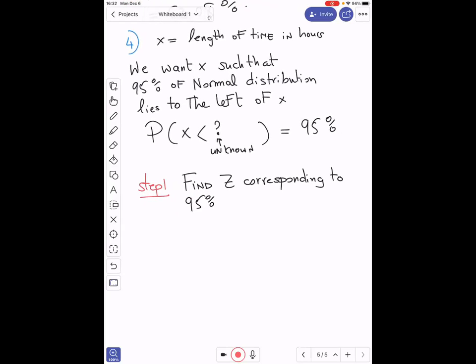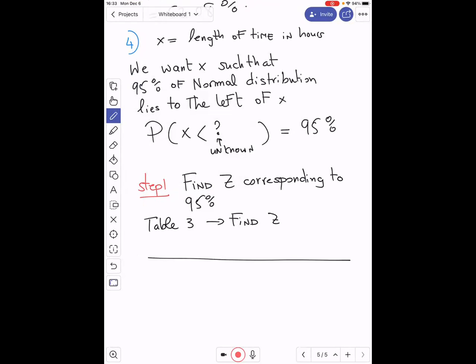So what's the corresponding Z to 95%? We need to take a look at our table and find first where the 95% is. The numbers in the table are increasing.